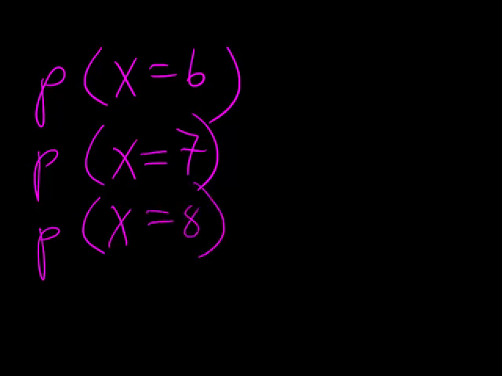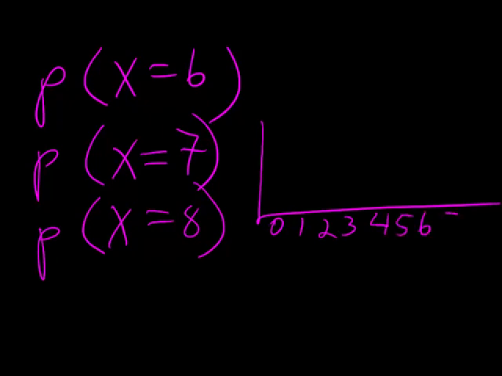The reason I keep writing this is because at some point we're going to actually graph these out. Remember, this is a discrete probability function. 0, 1, 2, 3, 5, 6, 7, 8. And most of these curves in the binomial distribution look kind of like this.